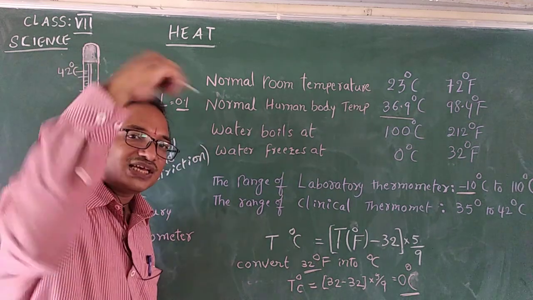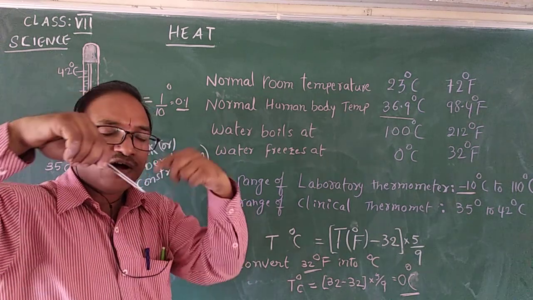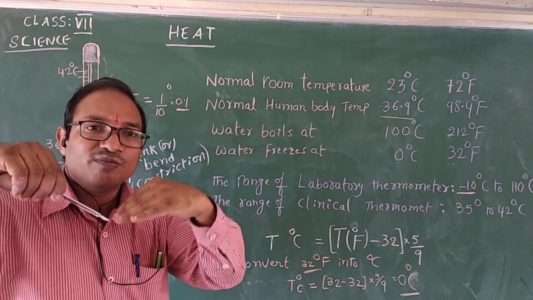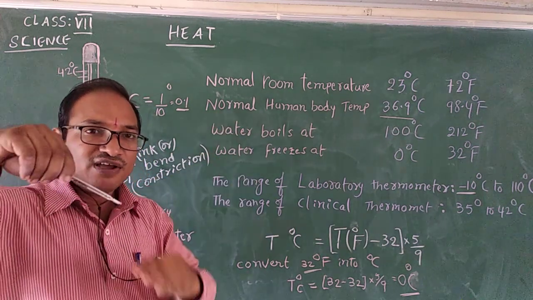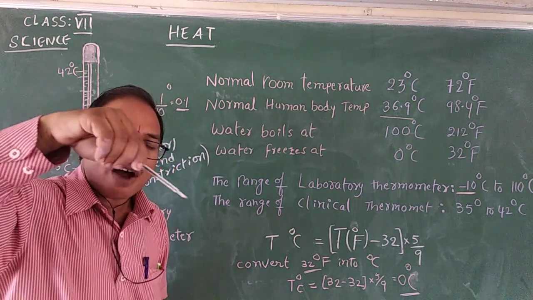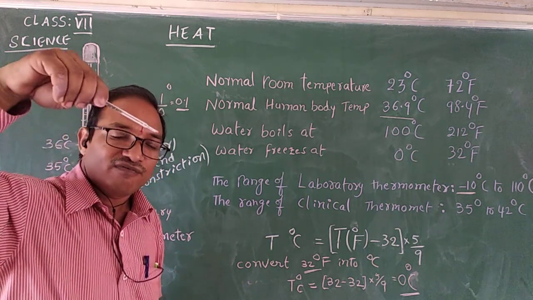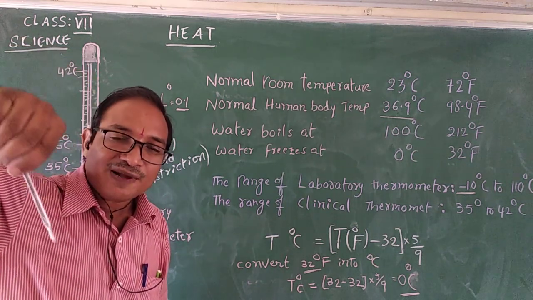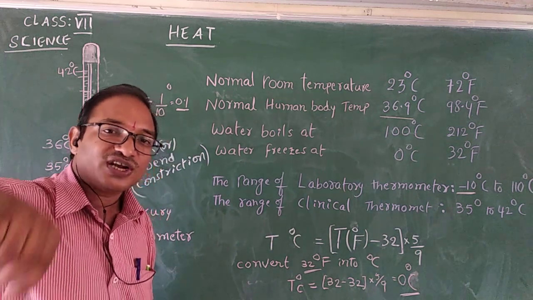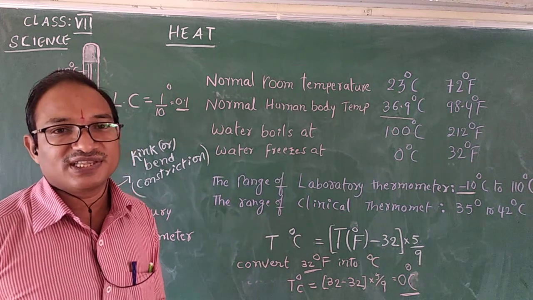So like this they give jerks so that the mercury comes down once again. Now it is eligible to measure the temperature of other human beings. After measuring every person's body temperature, we have to dip it in the antiseptic solution and give some jerks.